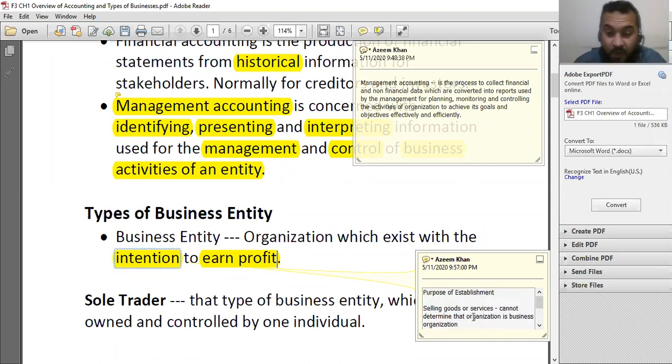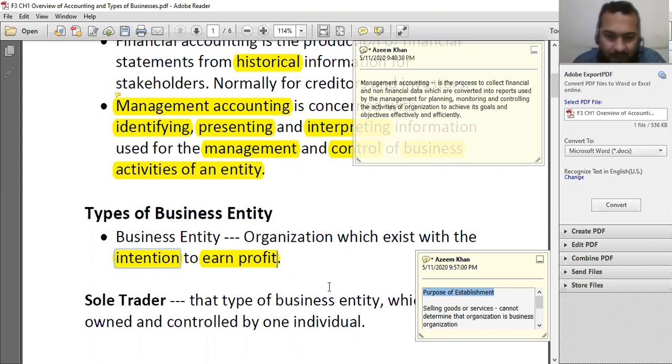Look, I have told you that the difference between a business organization and a non-profit organization is based on the purpose of establishment. When you are establishing an organization, first of all you determine the objective, the mission of your organization. Through that mission, you will find out whether the organization is a business organization or not.